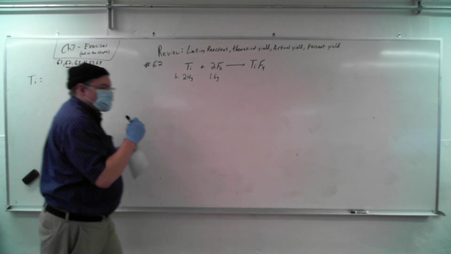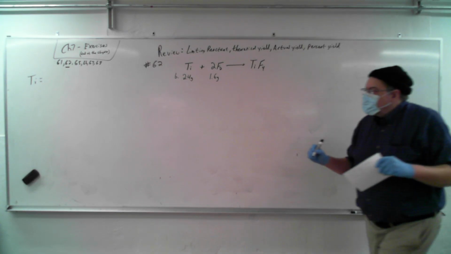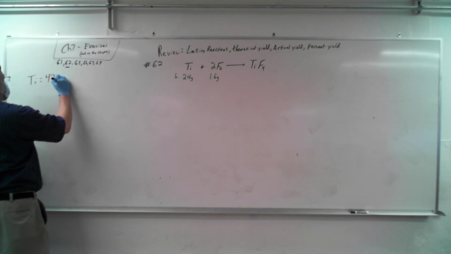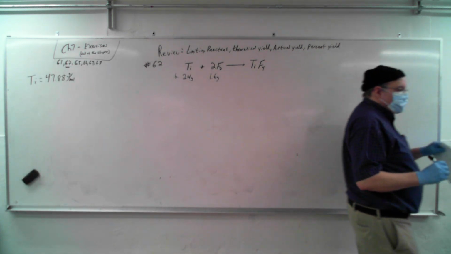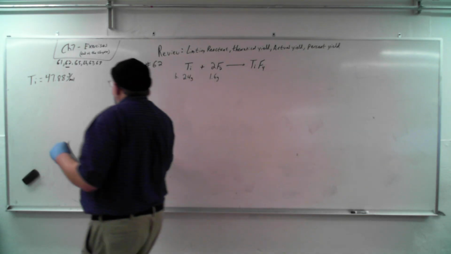Titanium is 47.88 grams per mole. The F2, 19.00 times 2.